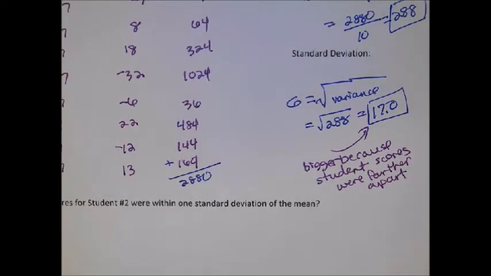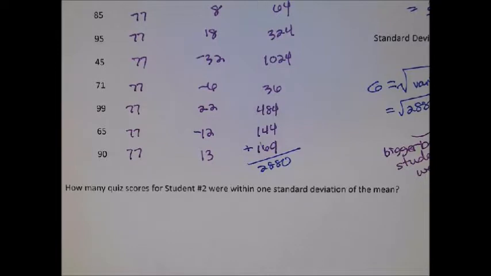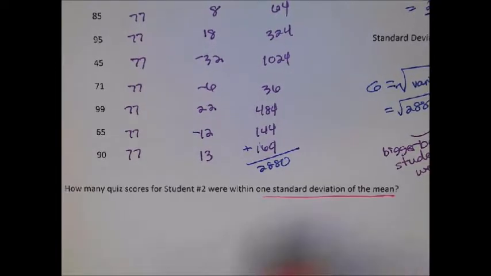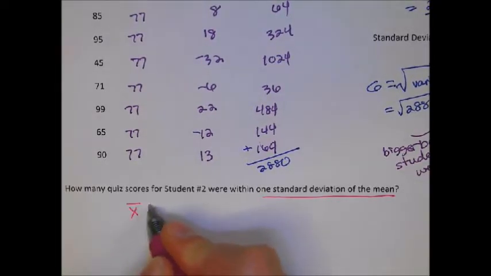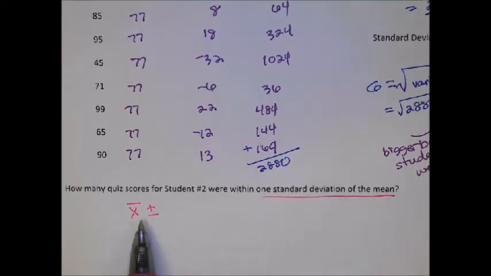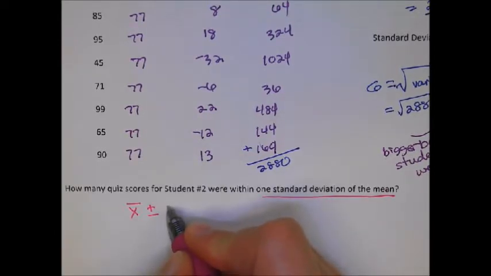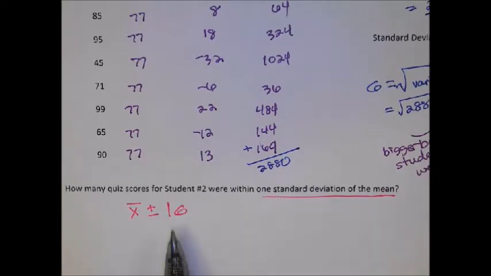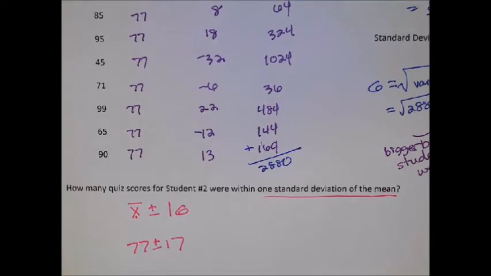All right, let's look at this next question. How many scores for student number 2 were within 1 standard deviation of the mean? So let's go ahead and underline those words. 1 standard deviation of the mean. Well, what's our mean? So we're going to look at our mean, and we're going to look within 1 standard deviation. So plus or minus 1 sigma. What was our mean? Our mean was 77, and we're going to add and subtract 17.